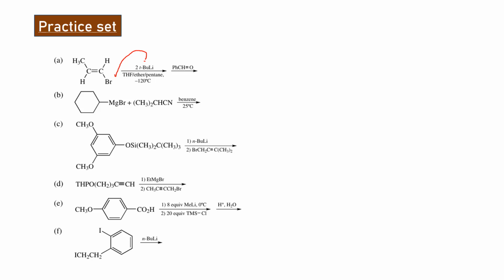In the alkyl bromide, this bromine will be taken up by the butyl lithium, and when you add this aldehyde, it will form this alcohol as our product.